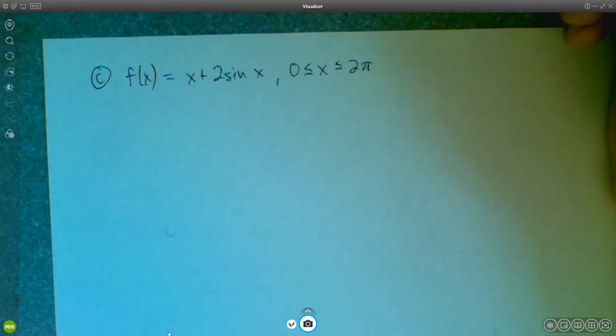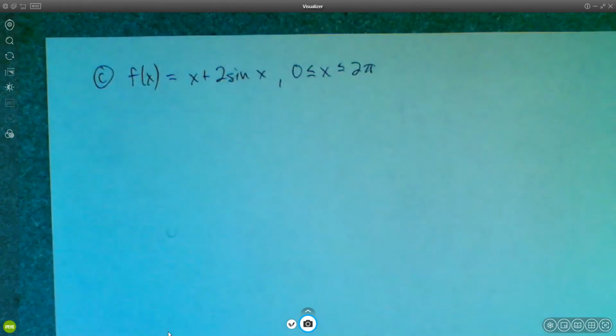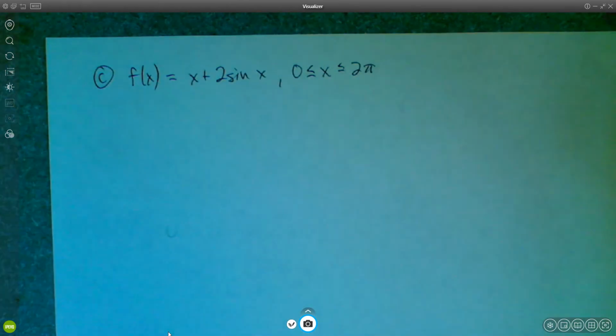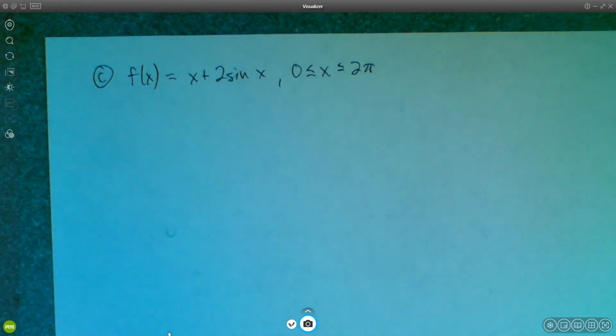I'm not interested in the entire domain of this function. I'm just interested in what's happening between 0 and 2 pi. Otherwise we would have infinitely many values that we'd have to take care of. So let's not do that. Let's save ourselves a little bit of effort and just look between 0 and 2 pi.